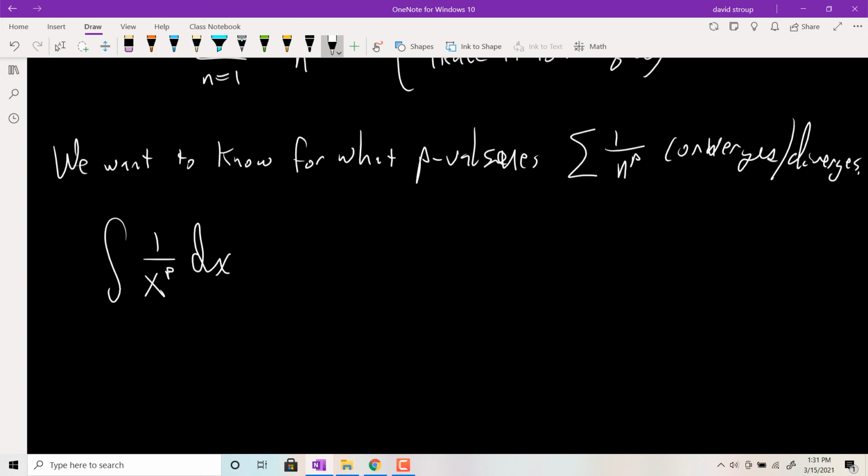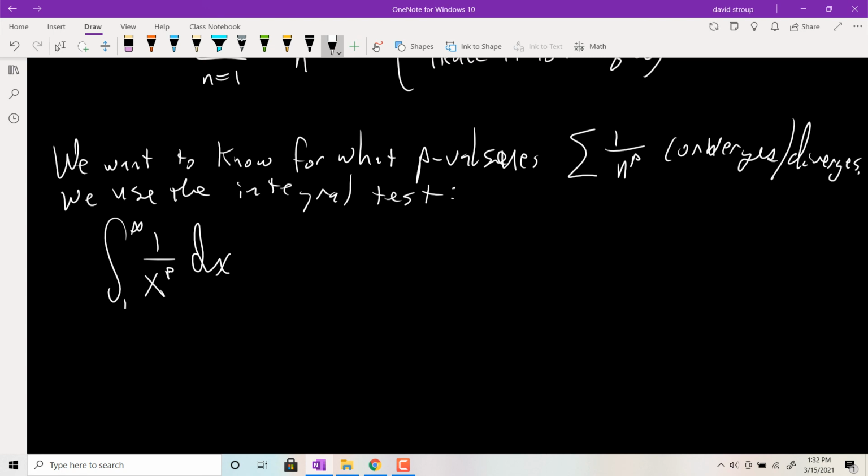Okay, so first we're going to use the integral test. And we're going to presume it's continuous, positive, and decreasing on our interval.